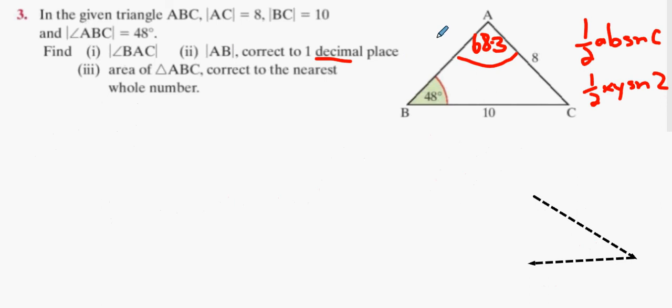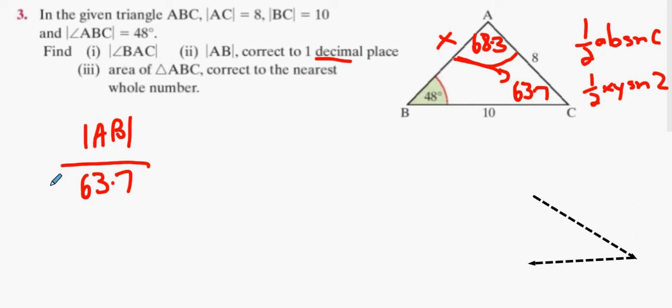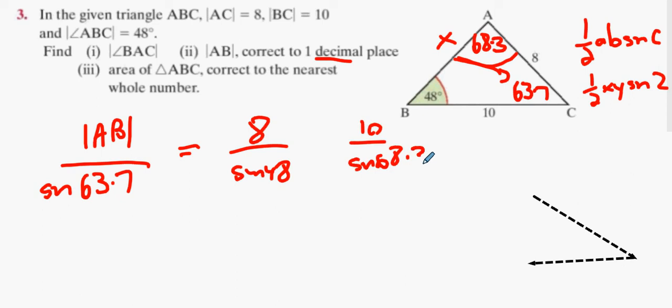Let AB be X, and X is opposite that angle I got earlier, 63.7. So what you could have said was AB over sine 63.7, and then pick another angle, 48 and 10, 8 will do me nicely: 8 over sine 48. Somebody else could have chosen 10 over sine 68.3. It all works out the same.